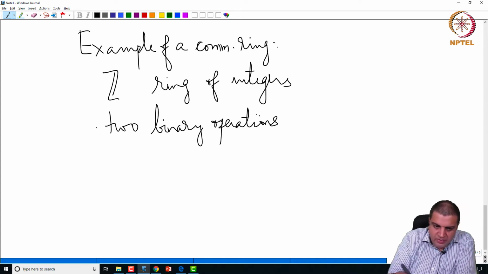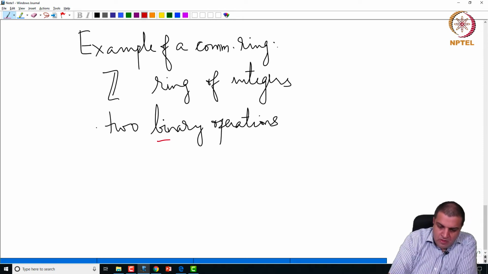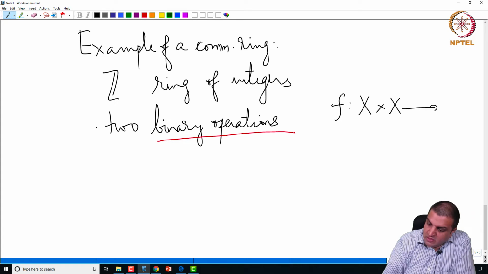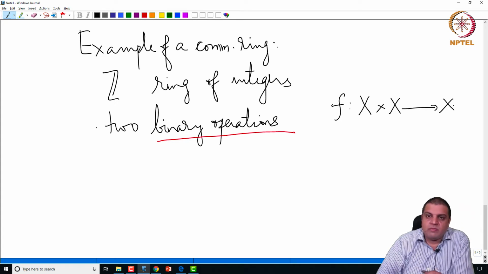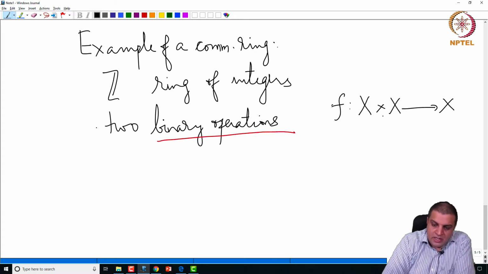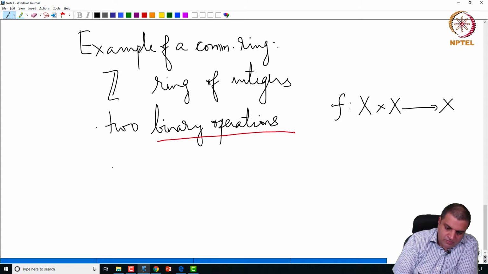So what is a binary operation? This is a function f from the Cartesian product of a set X with itself to X. So such a thing is called a binary operation, and Z has two binary operations that are of interest to us.